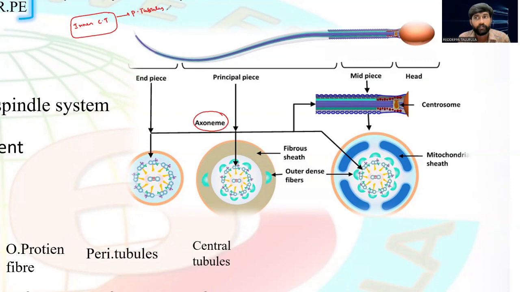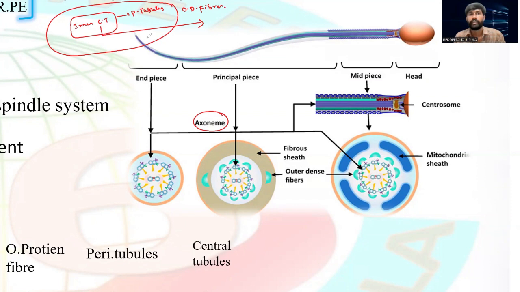Okay. Already I informed that. Around the axoneme there will be outer dense fibers. From inside to outside, it is the arrangement. That means inner central tubules, beyond that peripheral tubules, beyond that outer dense fibers or proteins will be present. Okay. Now, based on the arrangement, at a specific part of the tail, the number varies.